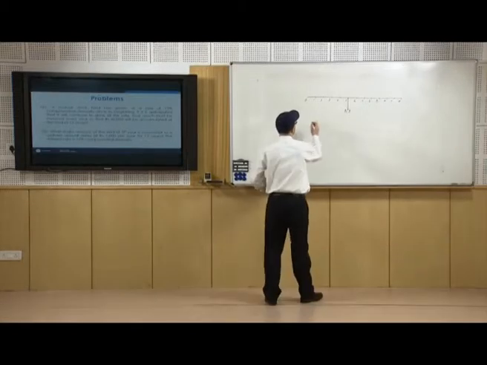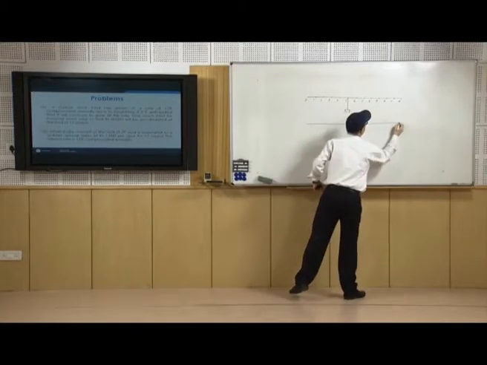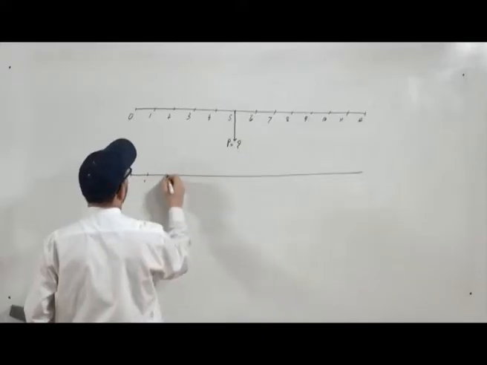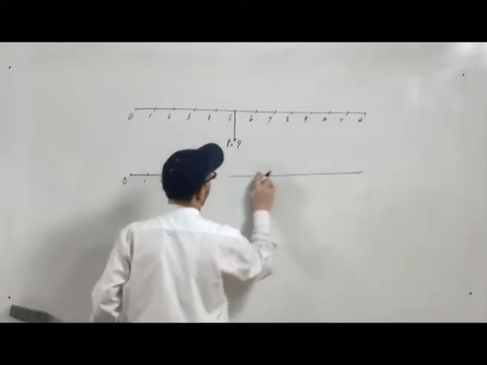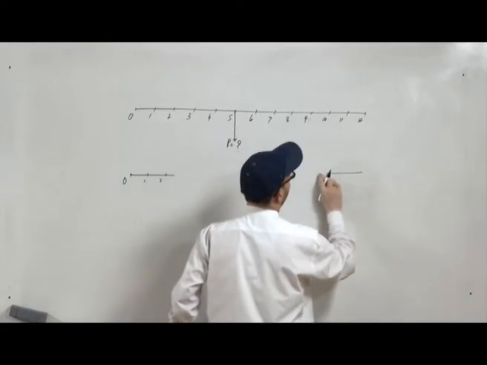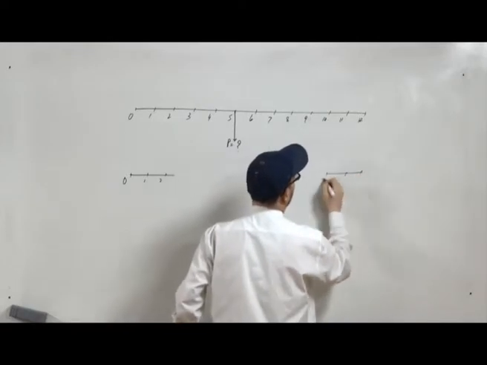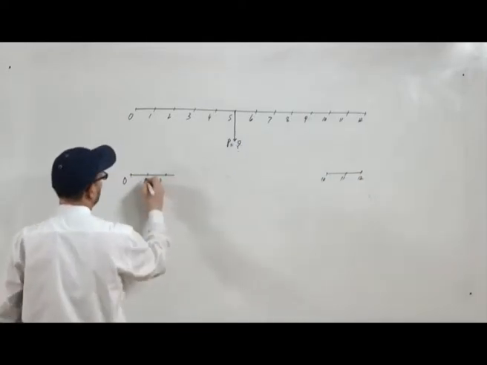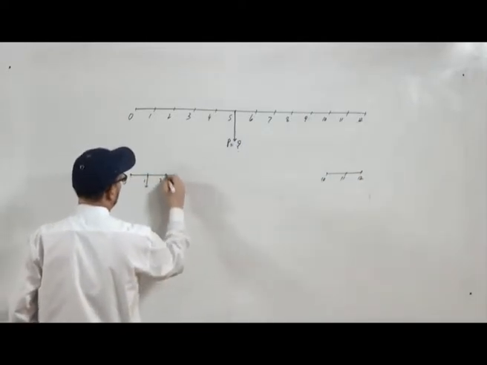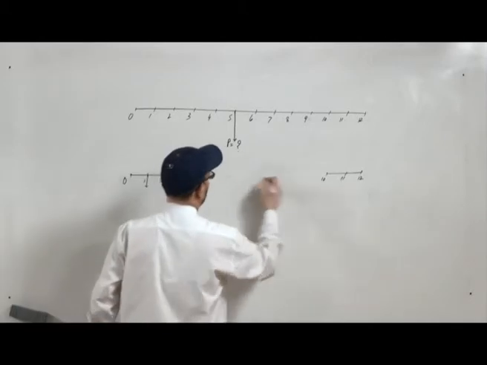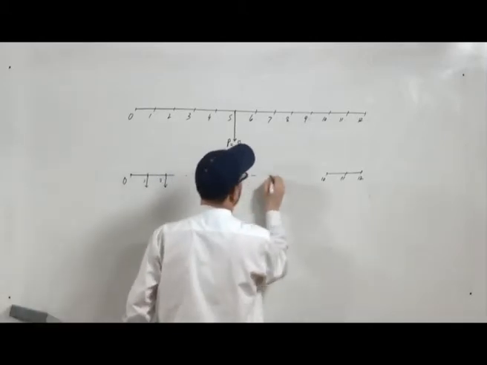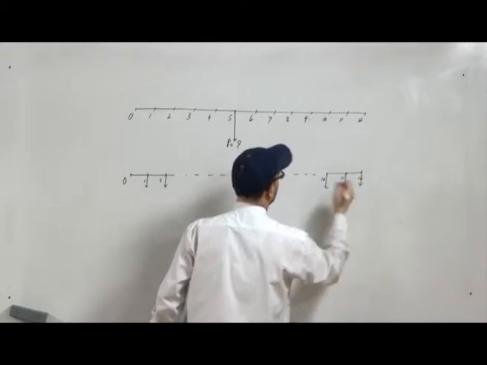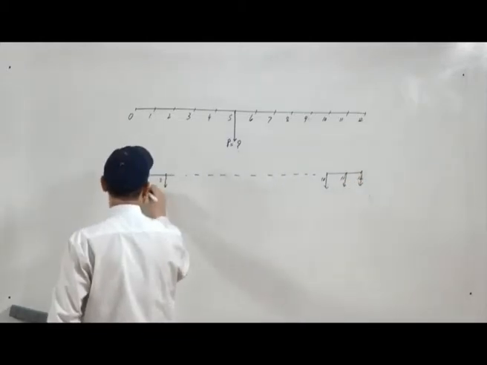Now, for this the equivalent cash flow diagram is, and you are given A as 1000 rupees.